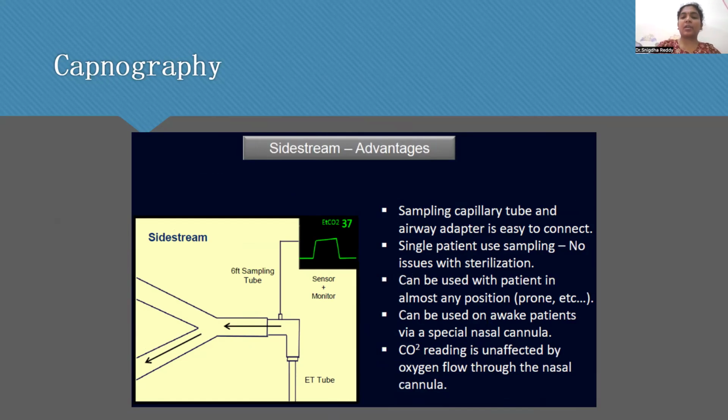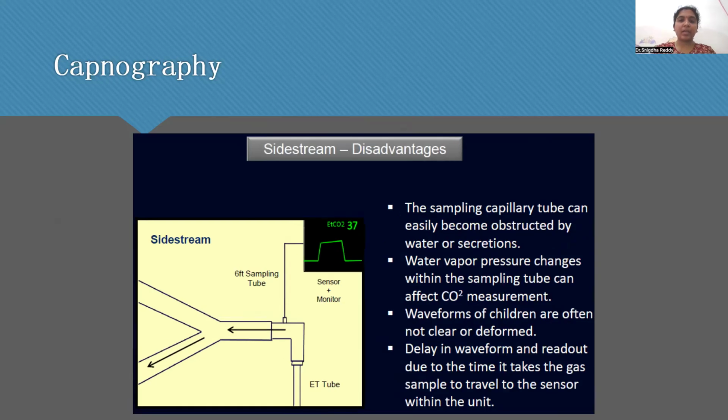Can be used on awake patients, or while using a nasal cannula. Carbon dioxide reading is unaffected by oxygen flow through the nasal cannula. So simultaneously, we can use an oxygen device and also monitor carbon dioxide. But coming to disadvantages, as we are using a sampling tube, it might be easily obstructed with water or secretions.